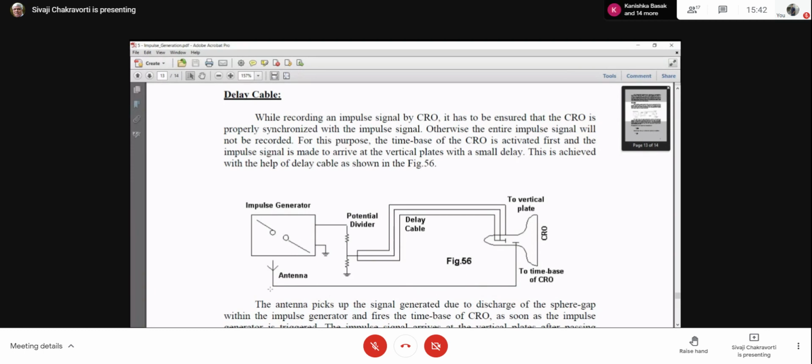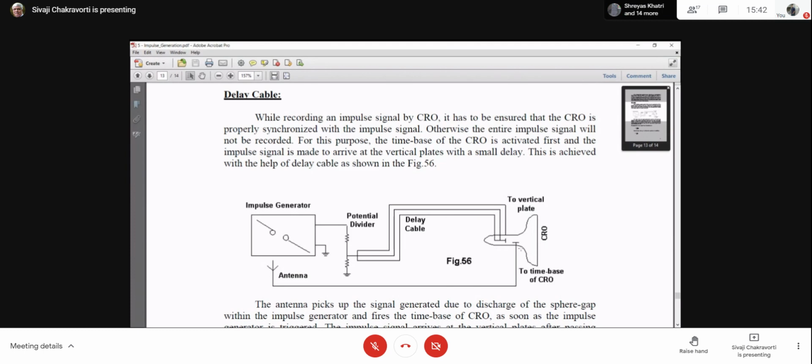What we do is put an antenna very close to the impulse generator. It's a very normal antenna. It picks up the electromagnetic radiation when the sphere gap fires. Then that signal immediately comes through a cable to the X plate, so the time base is started. Whereas the impulse comes to the Y plate through a cable which we call a delay cable.